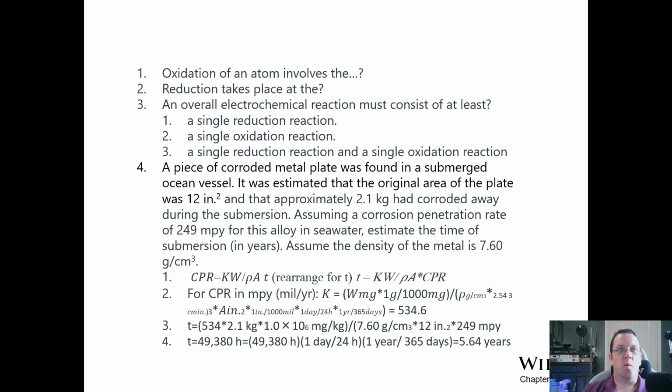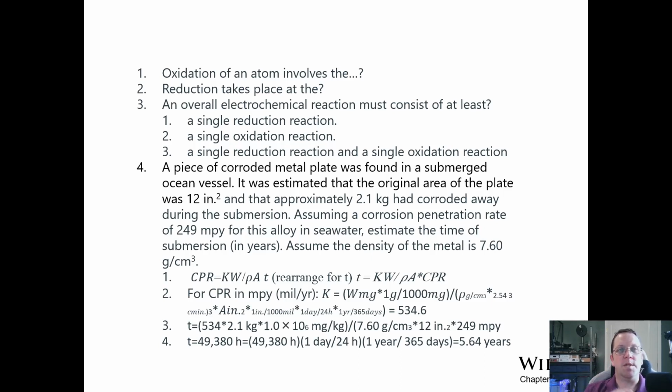There's some wonky stuff that happens with units when these calculations are done. When you're doing calculations with an area in inches, you use one value for K, the constant. When you do it in, I think it's square centimeters, you calculate K differently. And so we'll look at the calculation.